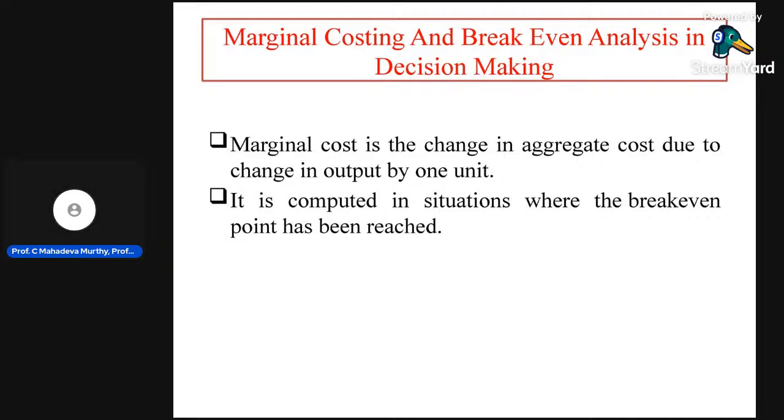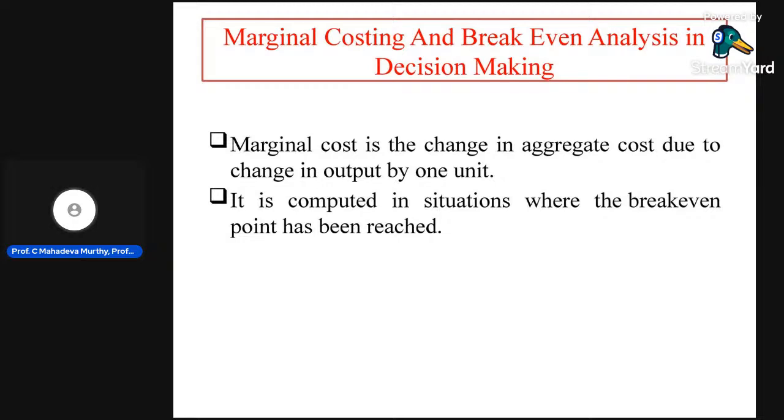That is marginal cost. Processing one unit incurs 5 rupees. If you go for producing 10, 5 into 10, 50 rupees. That is marginal cost.